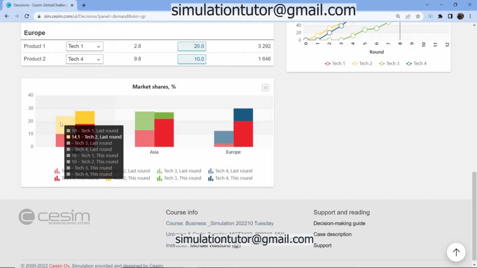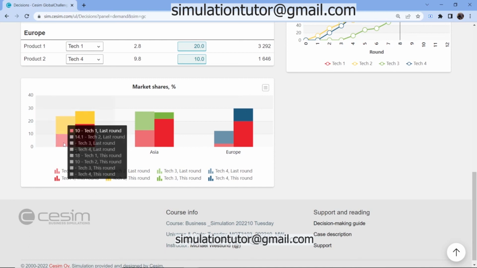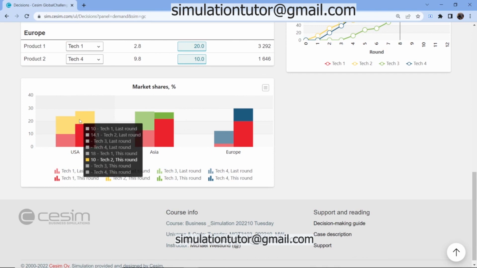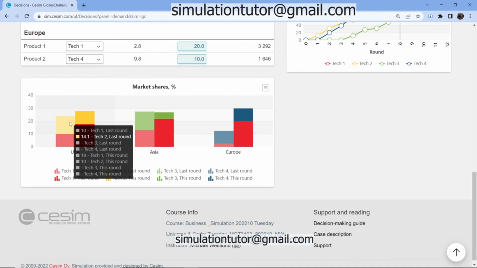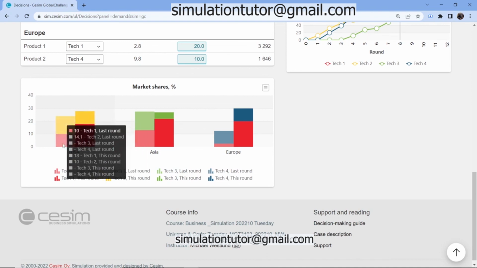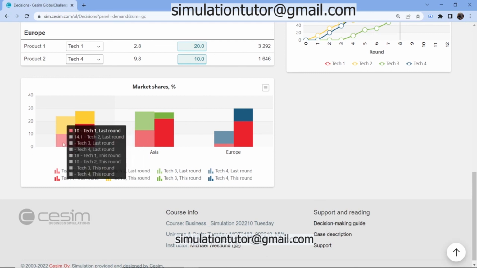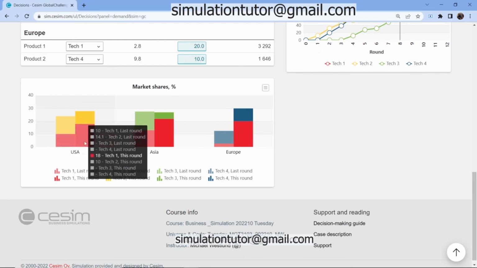The market share for the Tech 2 product in the last round in USA was 14.1%. In this round it is 10%. So they are projecting that their market share will reduce, moving from 14.1% to 10%. Then the Tech 1 product will take more of the market, because it will jump from a market share of 10% in the last round to about 18% in this round.